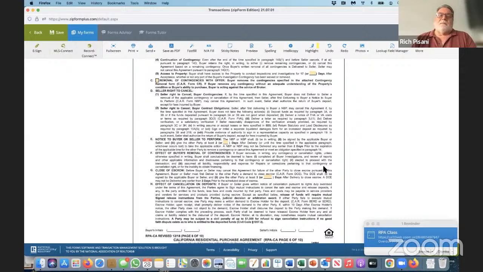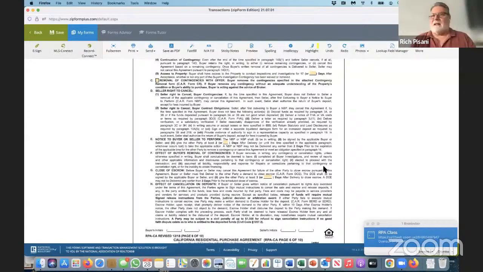So, okay, moving on. Effects of cancellation of deposits. Here's the thing. Everybody thinks, oh, I've explained these conditions where if you have no contingencies, the buyer cancels and the seller gets the deposit.